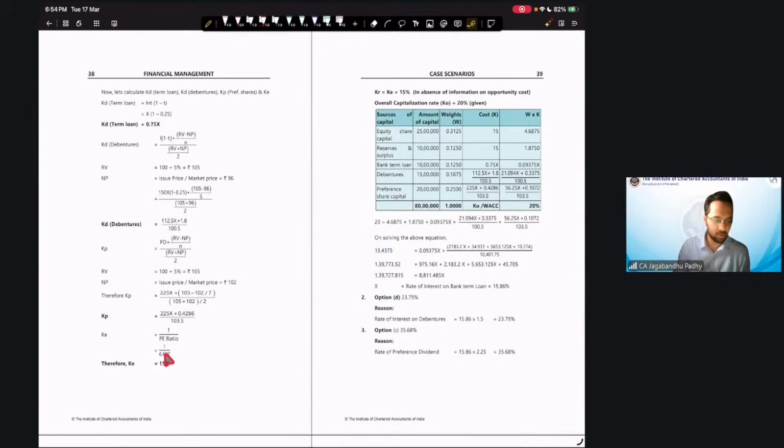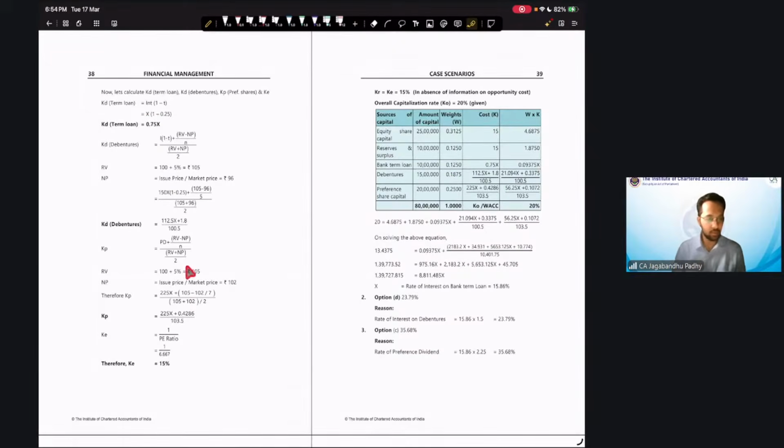Same way you get the cost of preference share, and then we have the KE as 1 upon P ratio as 15%. And now the only way to get it is to calculate the weighted average cost of capital. We have equity share, we have the values of each one of them, so we can get the weights. Costs can be, equity share and reserves are still at 15%, but bank term loan, as we computed, is 0.75x.